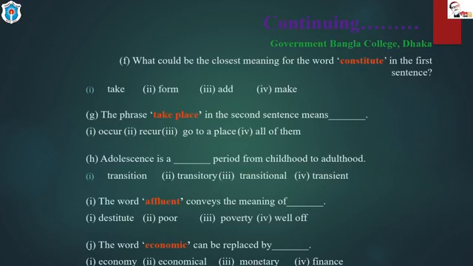Now tell me, what is the synonym of constitute? Give me a synonym of constitute, and I have given you 4 options, and you have to select one from these 4 options, and I will count the marks this time.